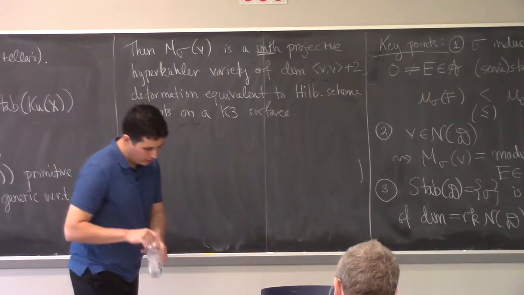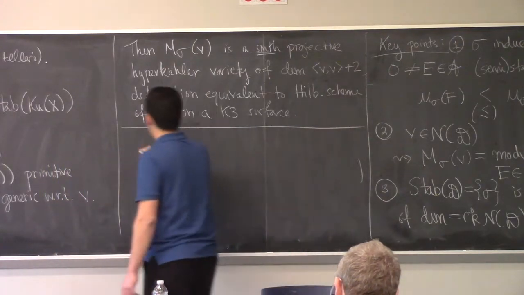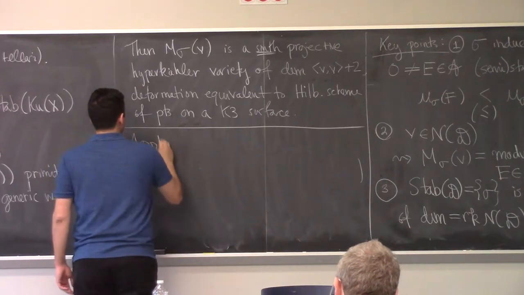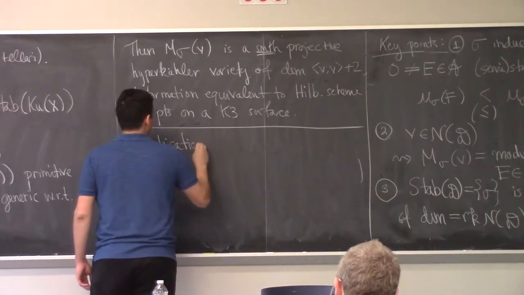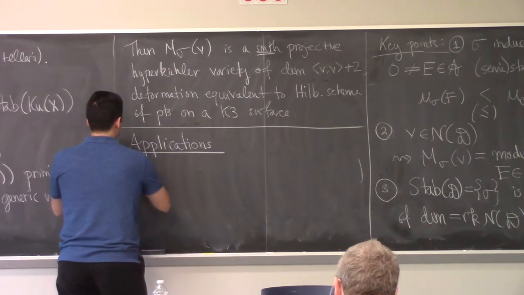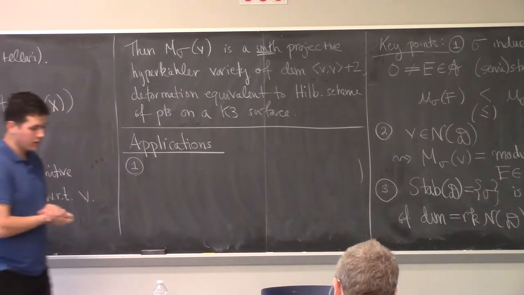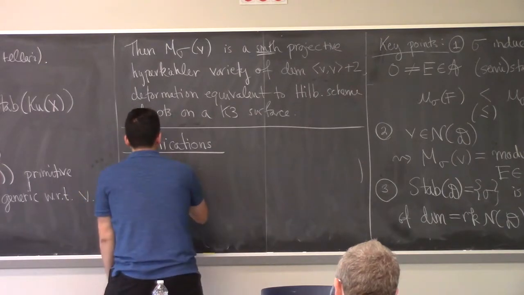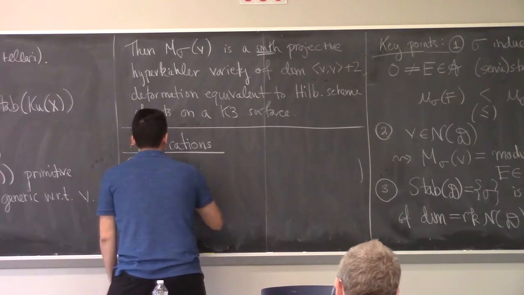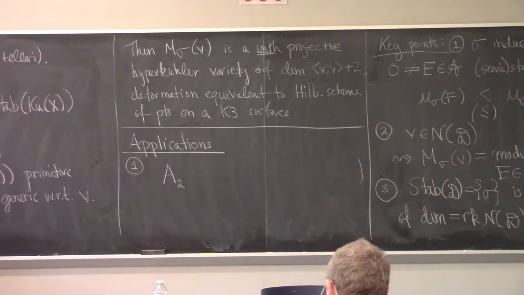Okay, so let me do what you could call applications. The first application I'm going to tell you is just unwinding a little bit more explicitly what this theorem says. The first observation is that for any cubic fourfold, there's always a rank 2 lattice, at least, of classes that you can pick inside.